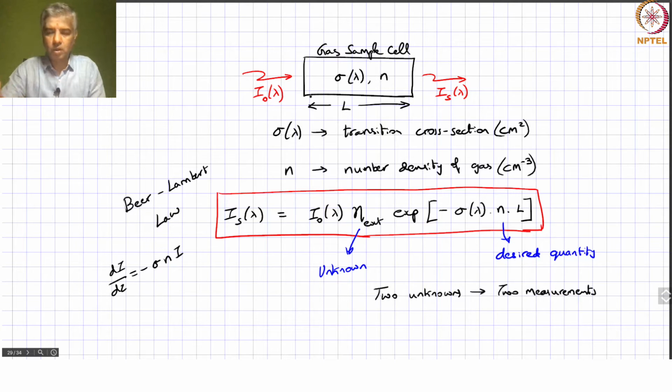We saw how, using that measurement, to get information about the concentration of the gas species and maybe even identify what gas species is present.